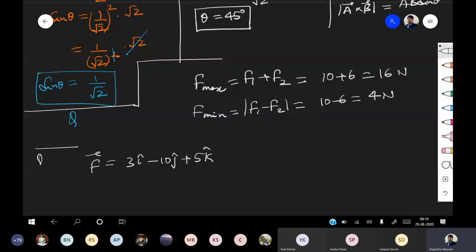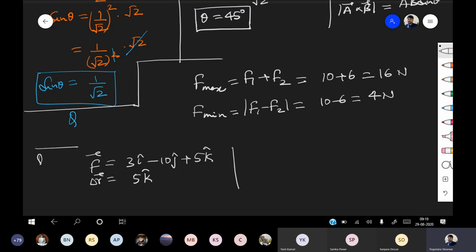So displacement is possible only in k cap. Alright. What is the work done by this force in moving the body through a distance of 5 meters along plus Z axis? So delta R is equal to 5 k cap, because along Z axis will be 5 and k cap is along.